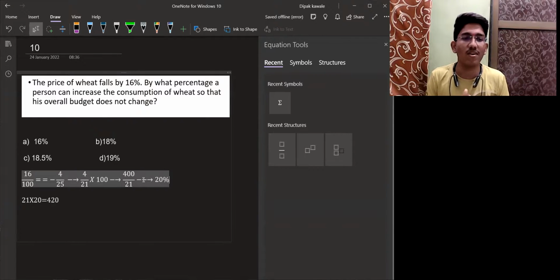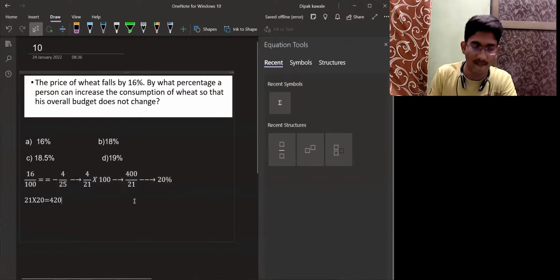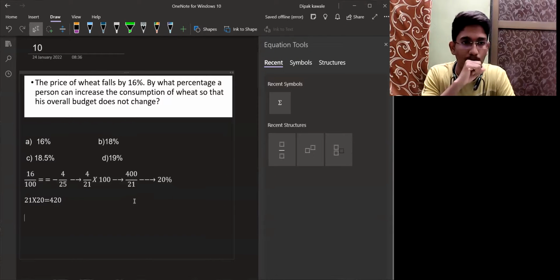So this was the level 2 types of problems. Now for homework, I will give one problem. Let's say my salary increased by 20%.